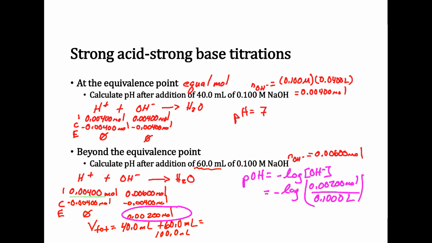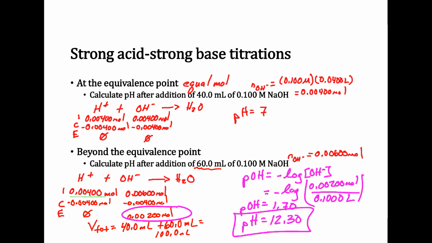You plug this in and you find that the pOH is equal to 1.70. But since we're asked to find the pH, it is equal to 12.30.